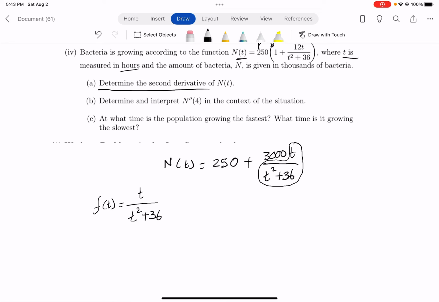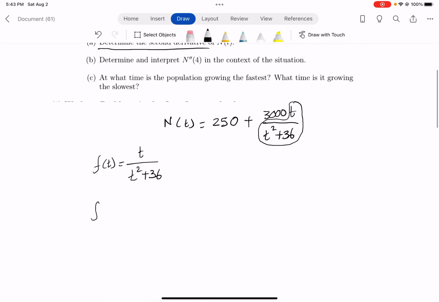Now we want to find the derivative of this function. First of all, we have to square the bottom. Then you multiply the bottom with the derivative of the top.